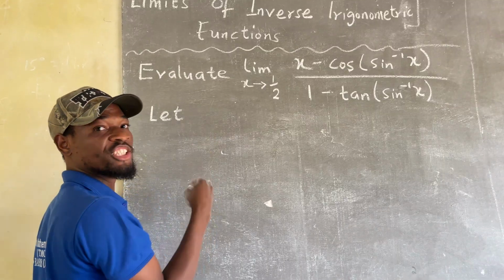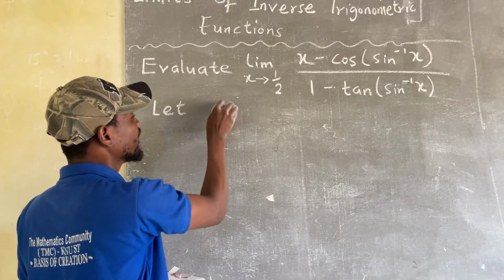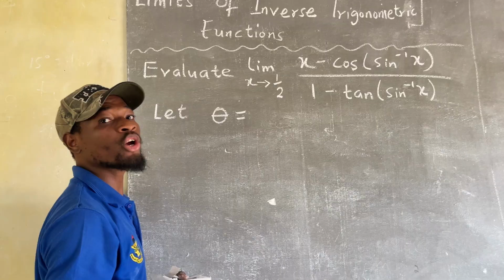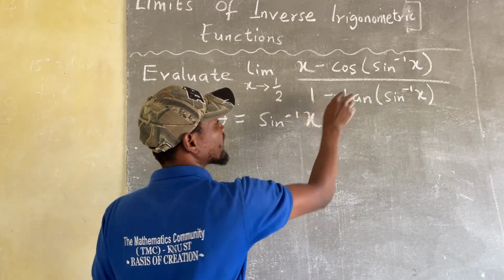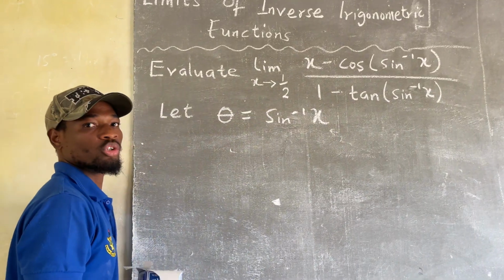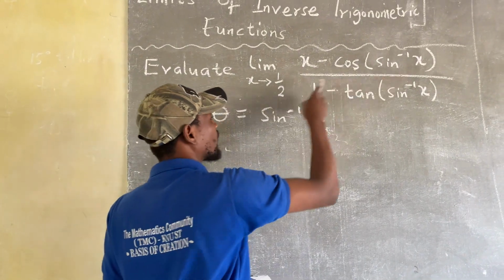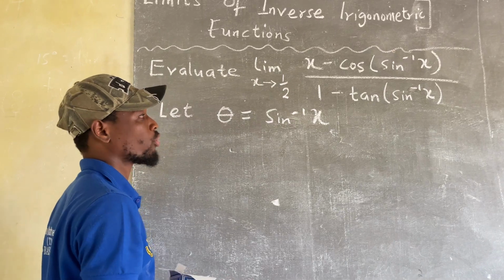You can decide to use theta. So let theta be equal to sine inverse of x, since it is common. Wherever I see sine inverse of x, I'll simply put theta there, as simple as that.